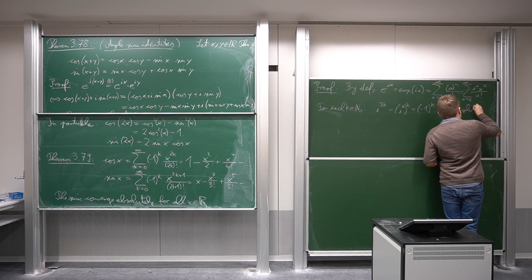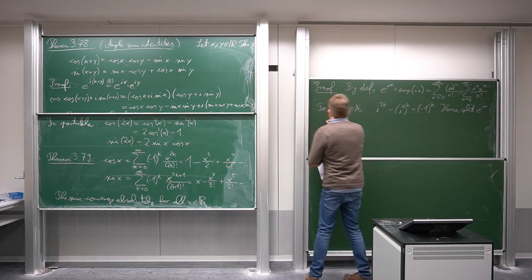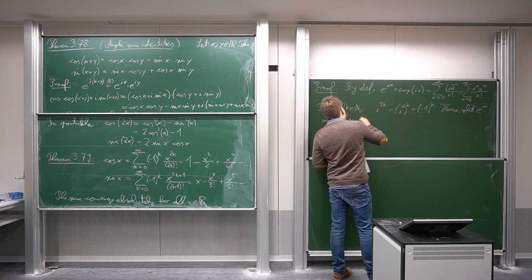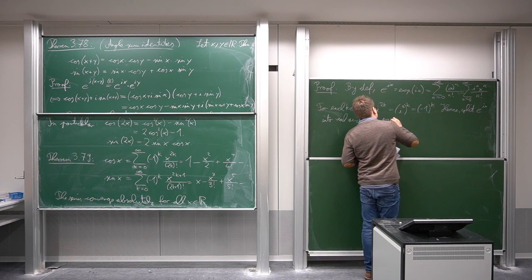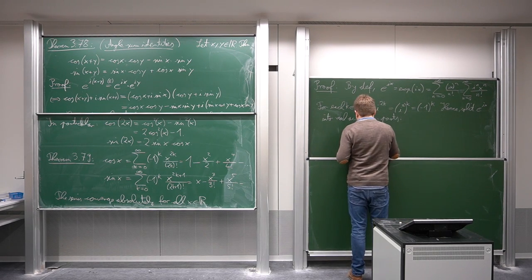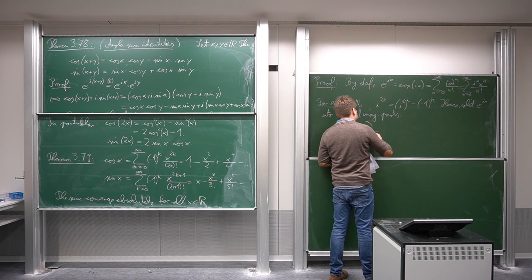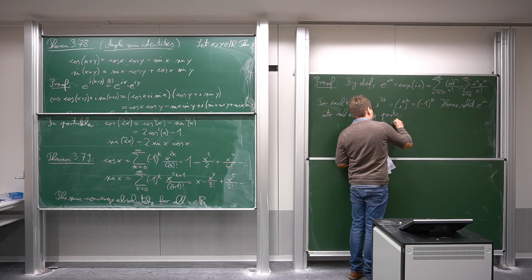Hence, split e to the power of ix into real and imaginary parts. Namely, e to the ix is, so the real part were the even exponents, the sum k from 0 to infinity, i to the power of 2k, x to the power of 2k divided by 2k factorial.